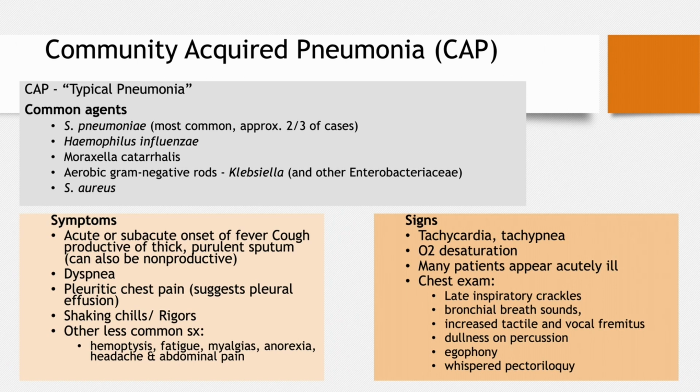On exam, when we have our physical exam, just like we've learned in patient encounter, you'll have late inspiratory crackles. You'll have these bronchial breath sounds, which, remember in our intro lecture, we talked about bronchial breath sounds being normal kind of in the trachea area, or where the trachea splits. That would be a normal breath sound there, but bronchial breath sounds that you hear out in the periphery of the lungs, that's abnormal, and it tends to go along with pneumonia.